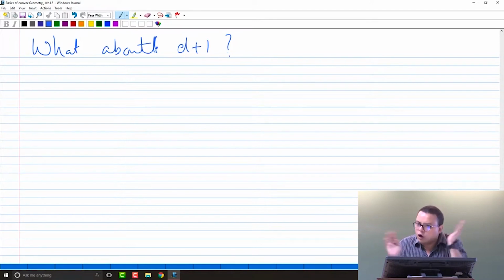I do not have to show it for all d plus 1 sets, by the way. Okay. This is similar to lower bounds you prove in algorithms, right? When you want to show that this problem has a particular lower bound, do you show it for all inputs?